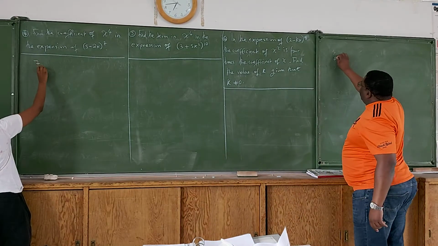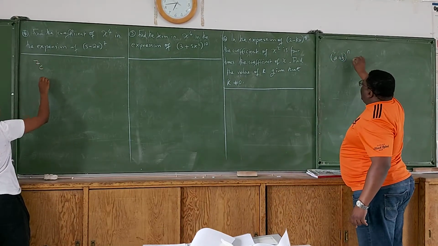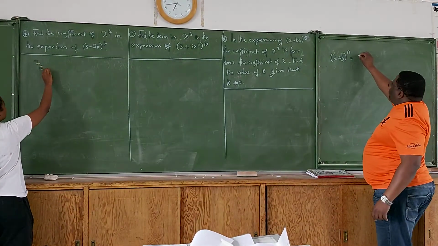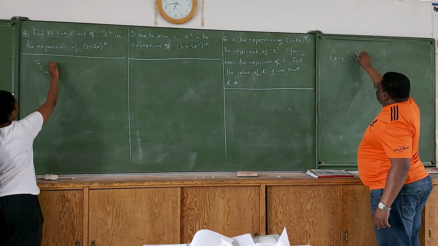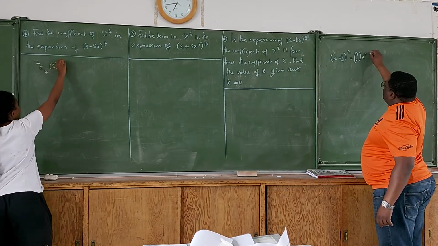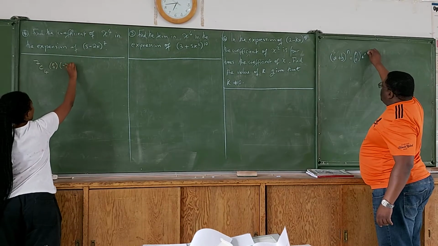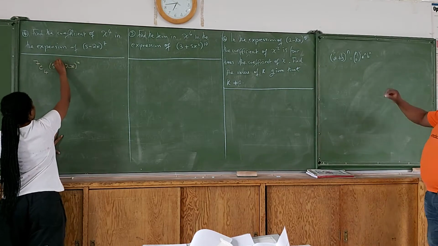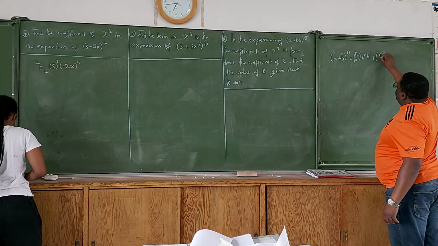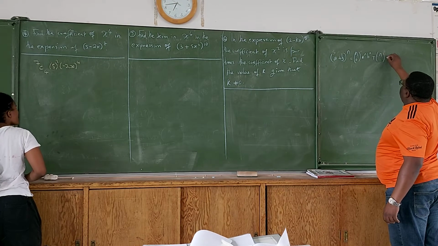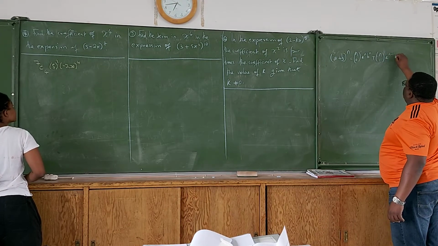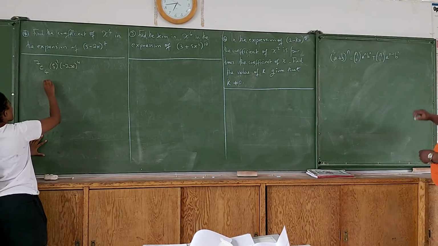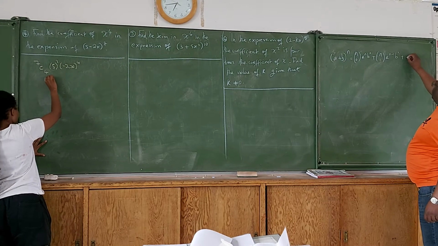You still remember (a plus b) raised to the n, the general formula. So if you have nC0, a to the n, but now you've got b to the 0. You move on, plus nC1, b to the 1, plus dot dot dot.